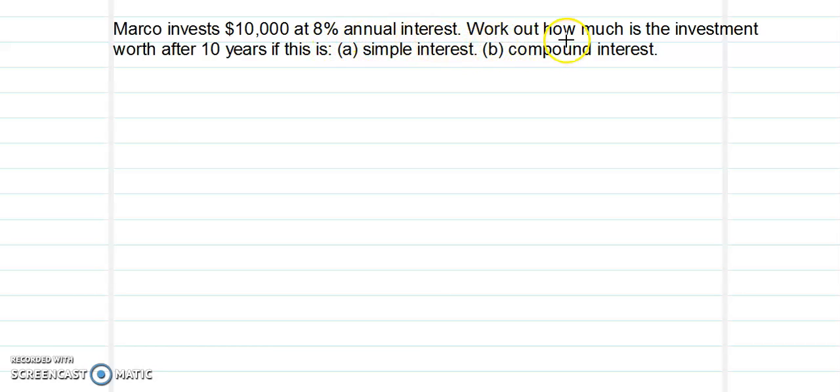Work out how much the investment is worth after 10 years, for simple interest and for compound interest. If it's simple interest, we can easily calculate it for 10 years. But what happens for compound interest? Can we still calculate after the first year, after the second year, after the third year, till we get to 10 years? You see, it can be so difficult.